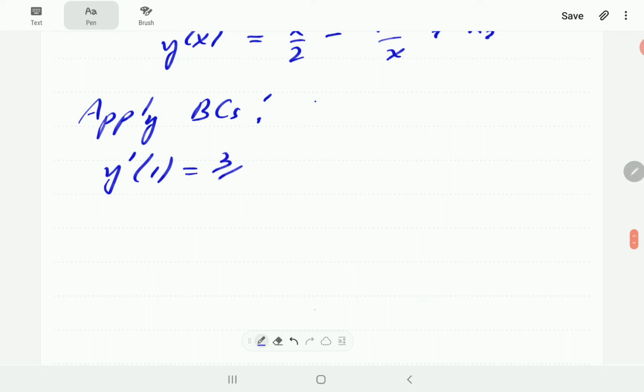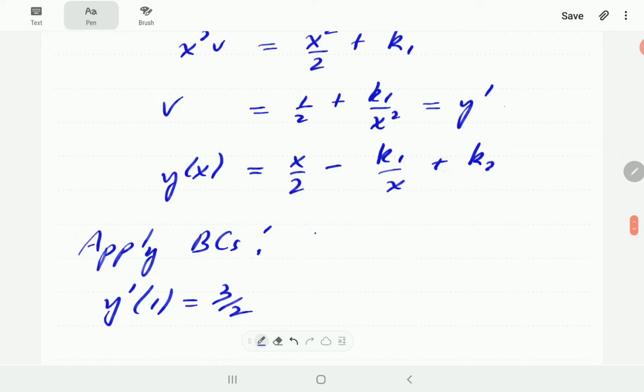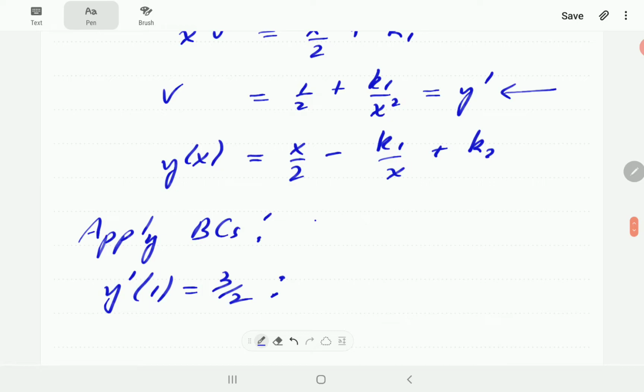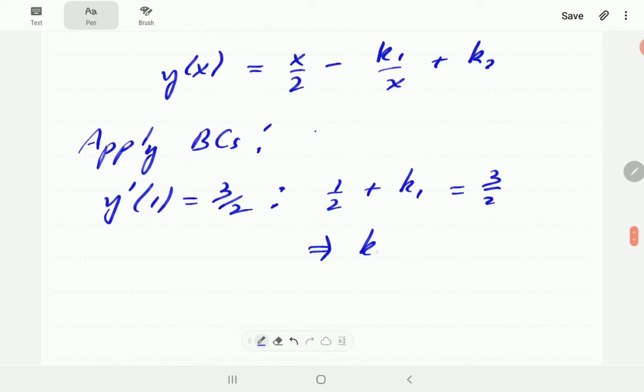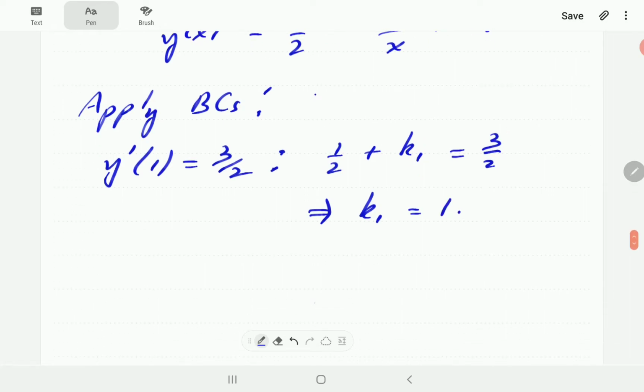We have the derivative expression just here, so we are going to substitute x is 1. The left hand side is going to be 1/2 plus k1, and then the right hand side y prime is 3/2. So this is telling us that k1 is going to be 1.